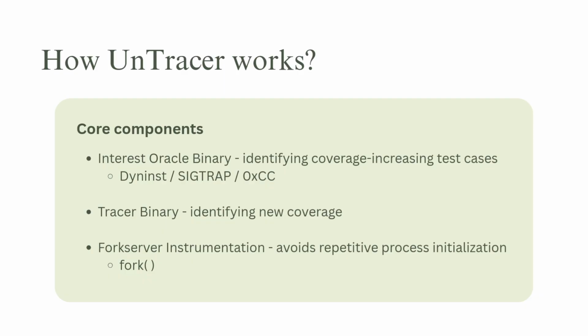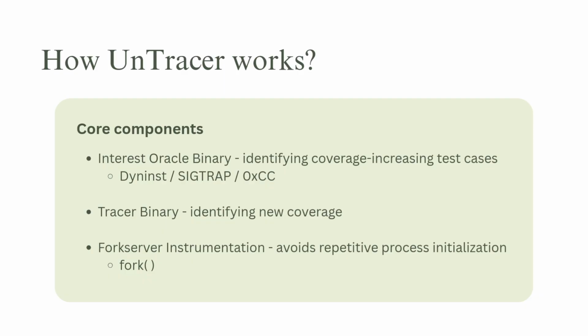The second is the tracer binary. They utilize DynamoRIO to statically instrument the tracer with a fork server for fast execution and coverage callbacks inserted in each of its basic blocks for coverage tracing. When an input first reaches a previously uncovered basic block, it triggers the 0xCC instruction inserted at the start of that block in the oracle binary, resulting in a SIGTRAP signal.